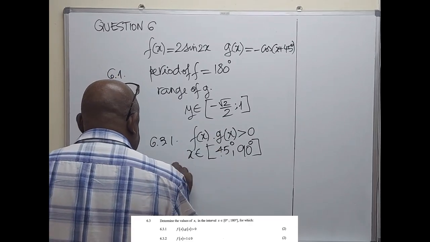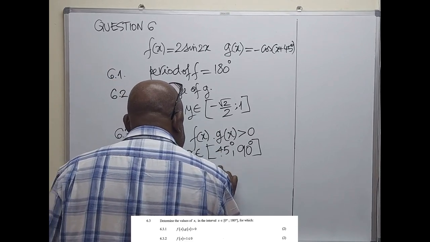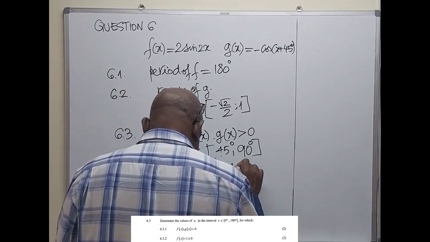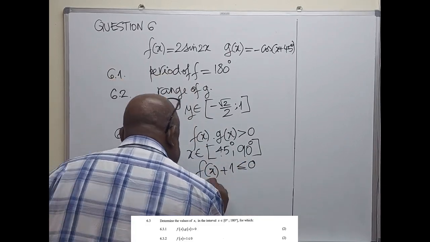The next question is 6.3.2. There we're having f of x plus 1 is less than or equal to 0. So this is an inequality.